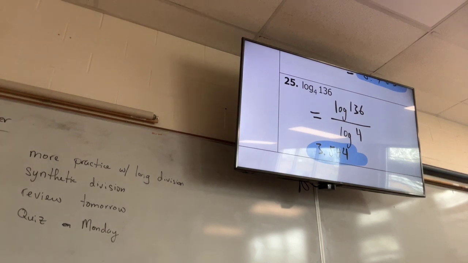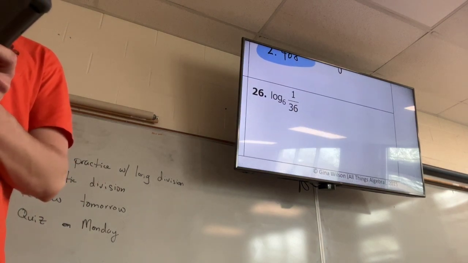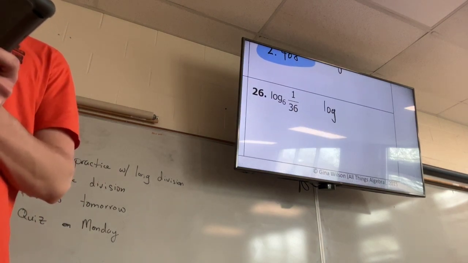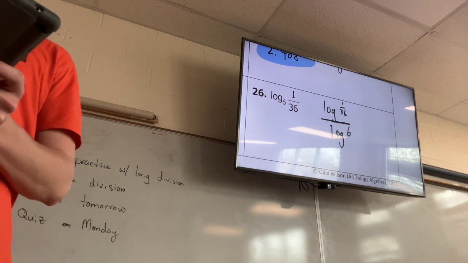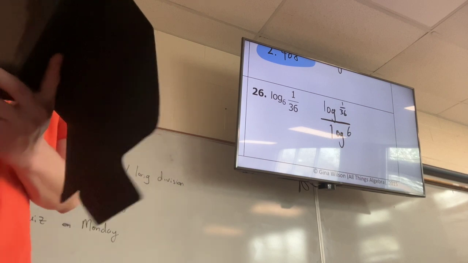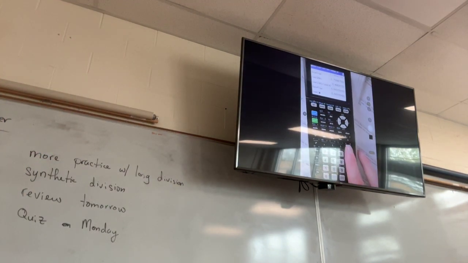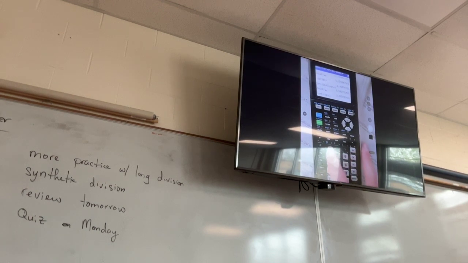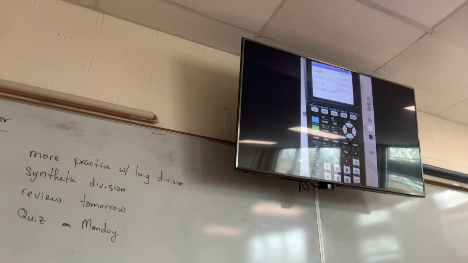Then this one, log of 1 over 36 divided by log 6. -2.